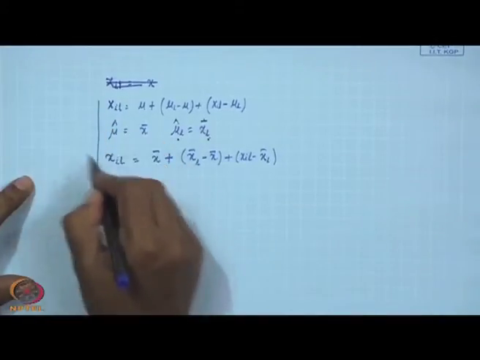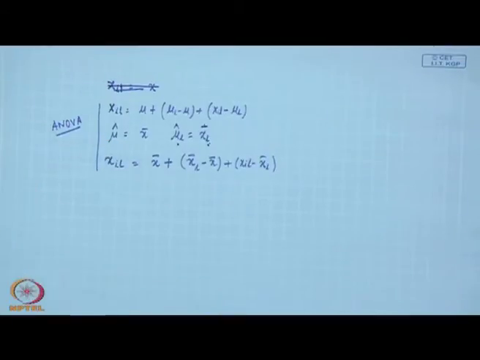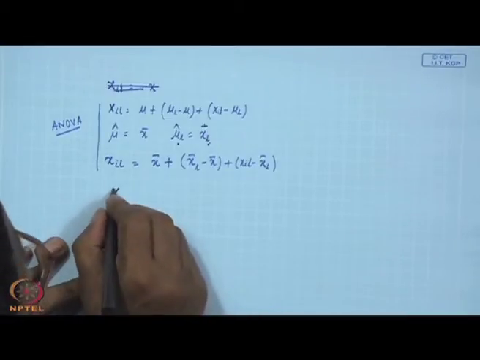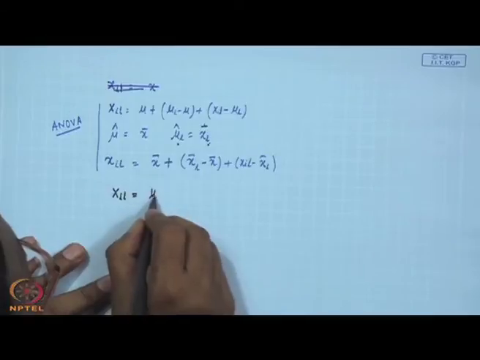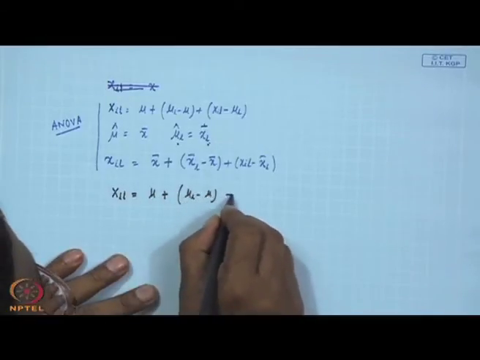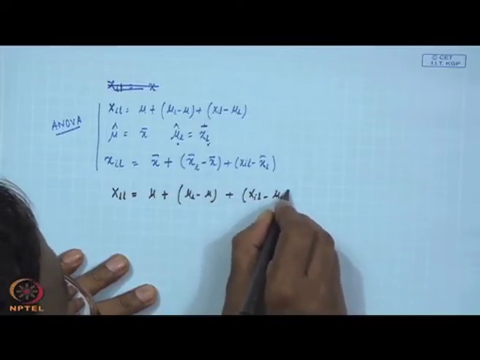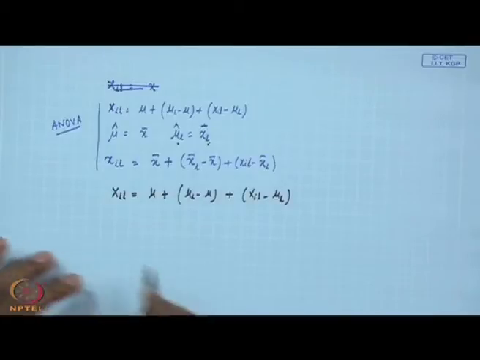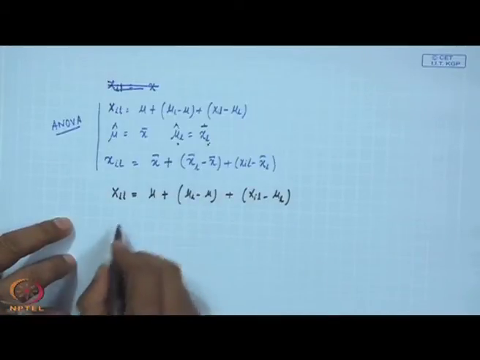This is from ANOVA you have done. Now, for MANOVA, we have seen that this vector is mu vector plus (mu_l minus mu vector) plus (x_il minus mu_l), that is the formulation, and the estimates also will be like this.